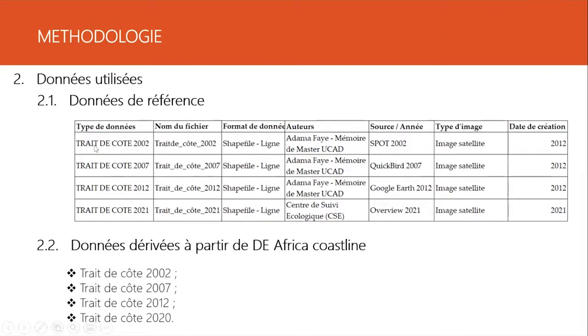So now we have the reference shorelines from 2002, got from this author Adamafe, 2007 the same author, 2012 from the same author, and also 2021, and that we got from CSE. And of course, ourselves, we were able to generate those coastlines.